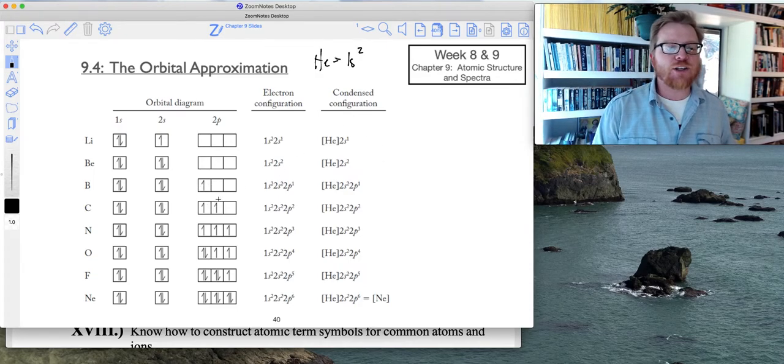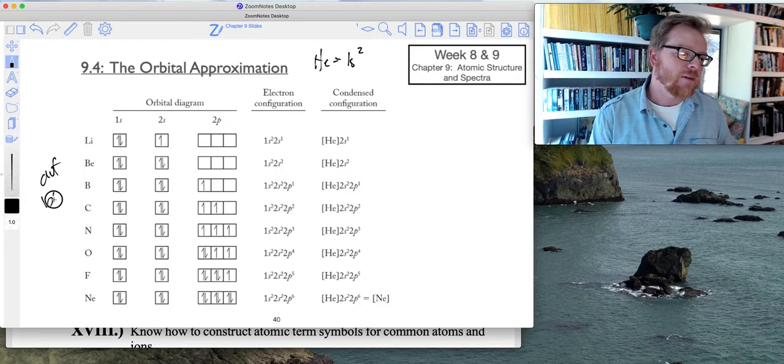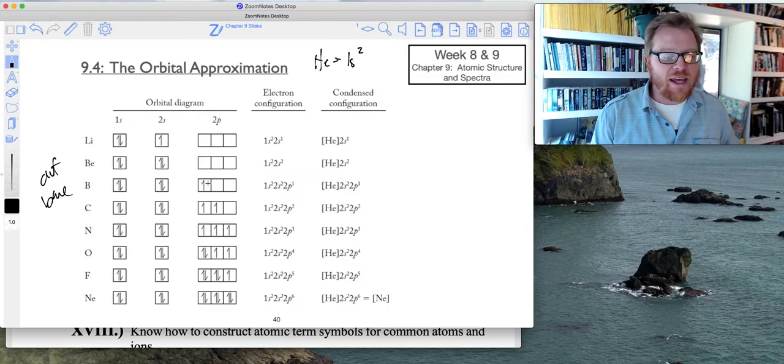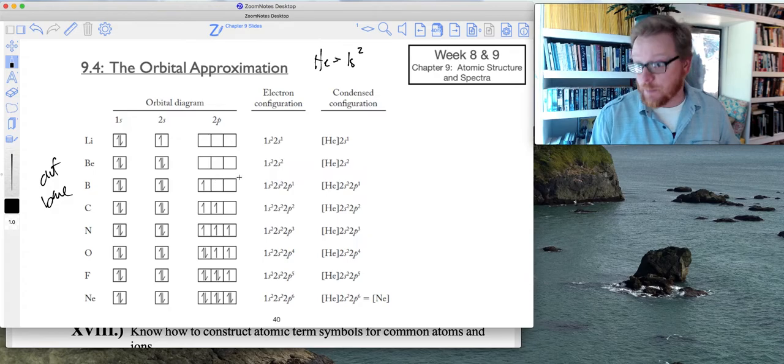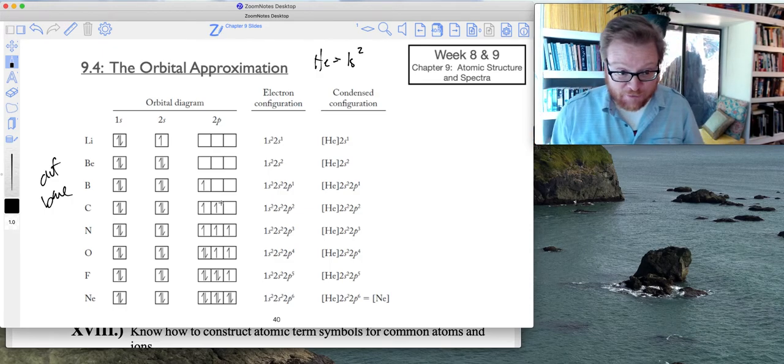I'll remind you, this is the Aufbau principle. When we have open spaces, our electrons will occupy those open spaces. For example, when we go from boron to carbon, from 2p1 to 2p2, that last electron for carbon is not going to pair up. It's going to go into the open orbital to make the lowest energy configuration.